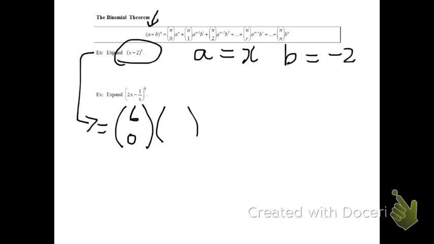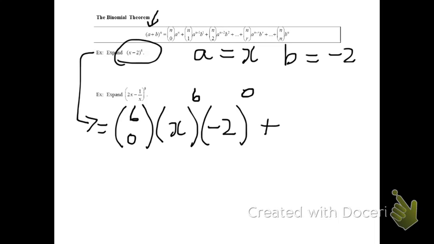And then whatever a is and whatever b is, so a in this case is x, and b is negative 2. And yes, the brackets are important, so I want you to do them. And then we raise the first term, our a value, to whatever n was, in this case 6. And we raise the b value, which is negative 2, to the power of 0. Okay, that's our first term.